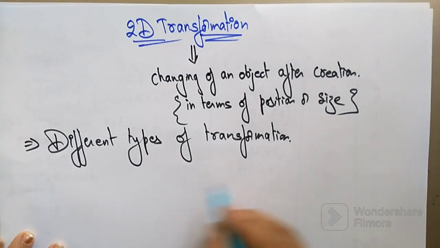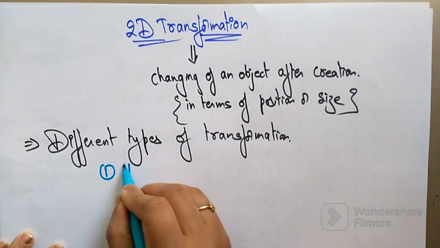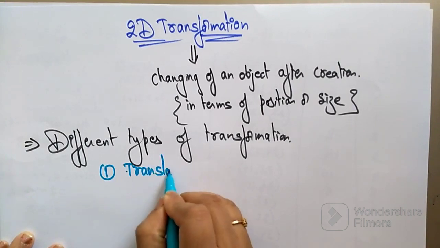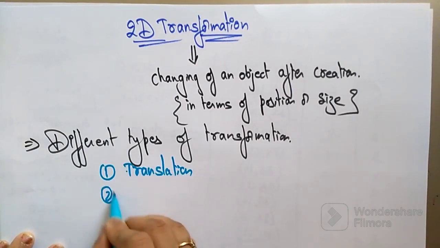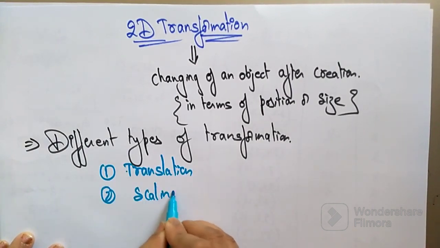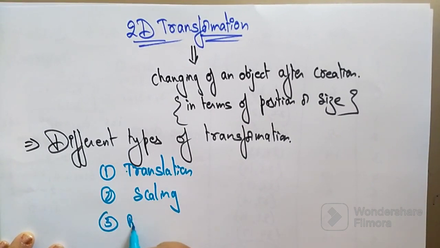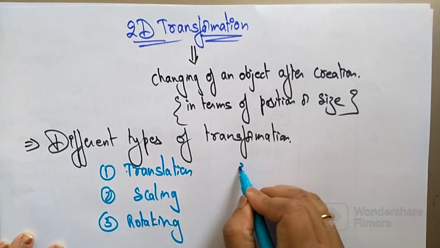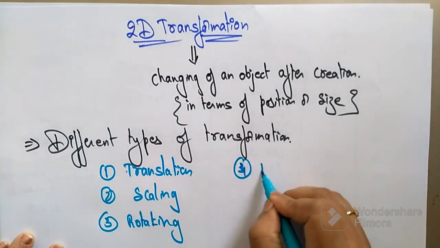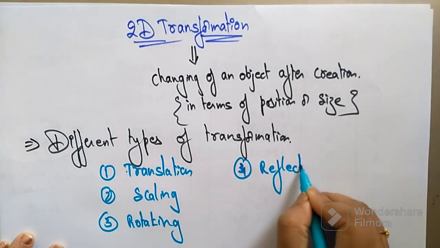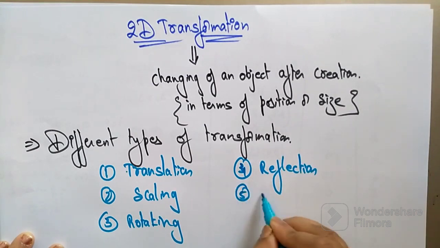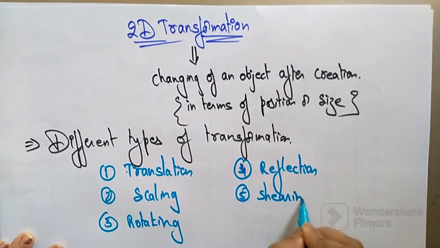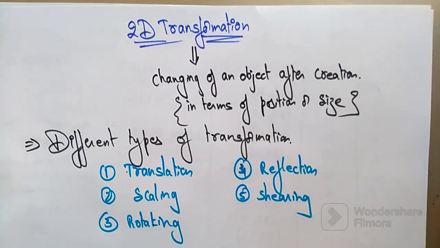The different types of transformations are translation, scaling, rotation, reflection and shearing. So these are all the different types of transformation.